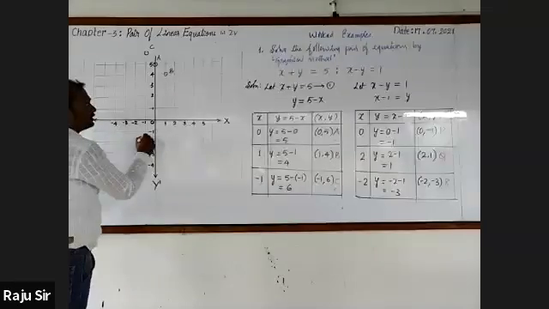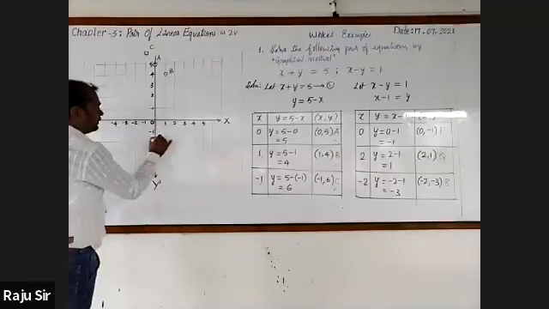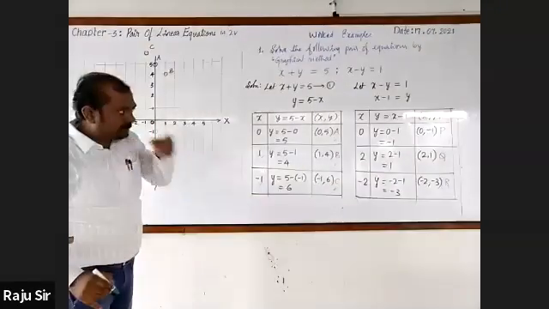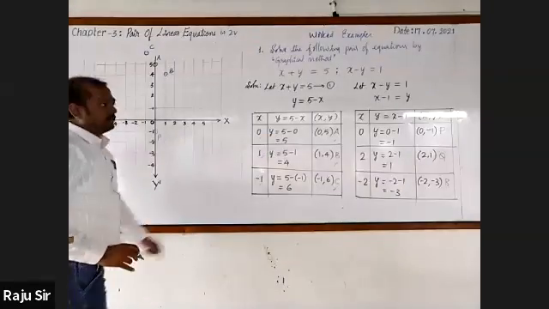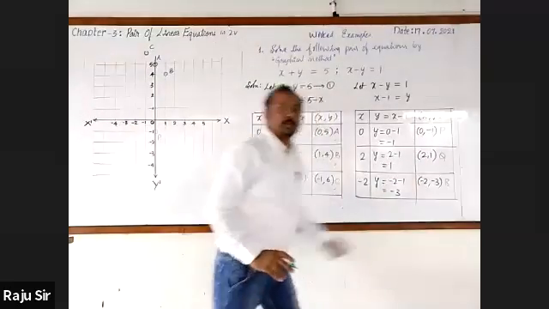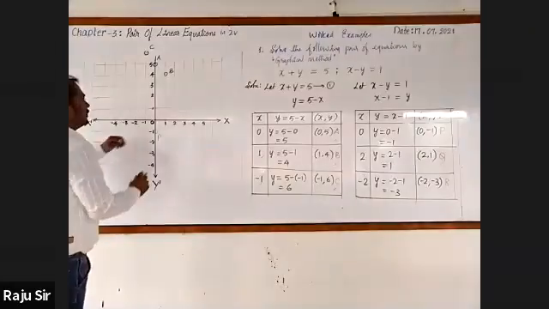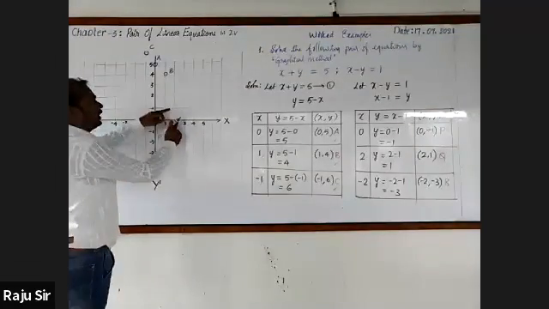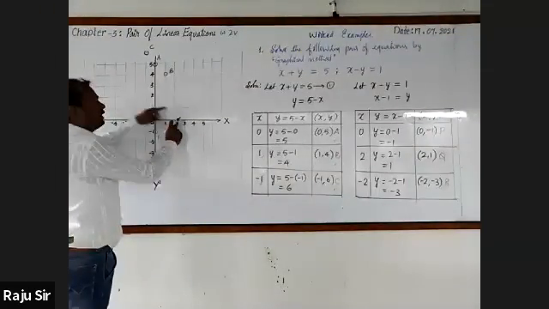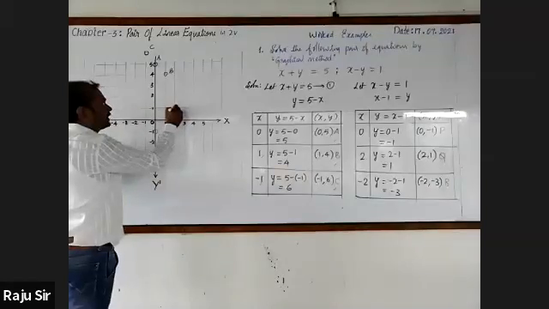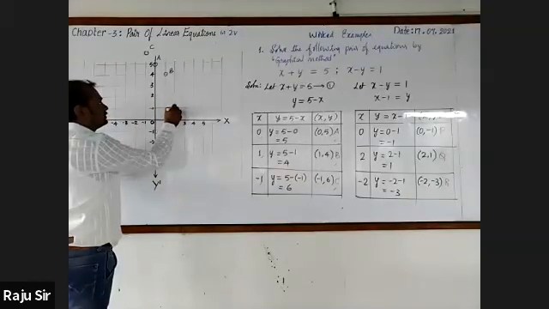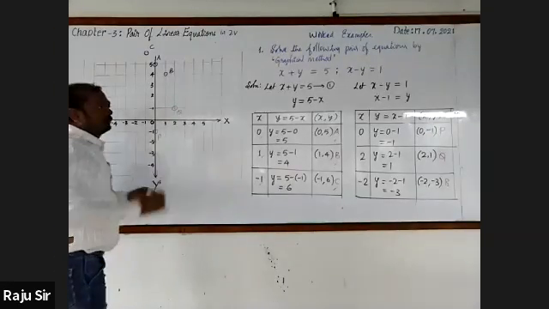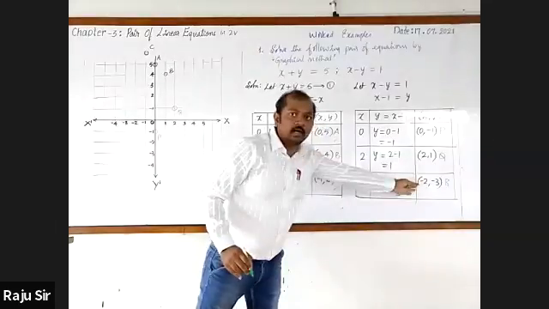It is P. Next, Q is 2, 1. X is 2, Y is 1. So both will intersect at this point. Put a dot and encircle it. Call it Q.